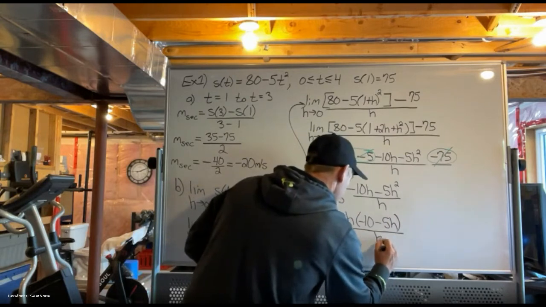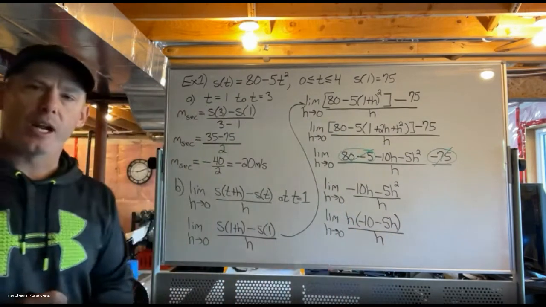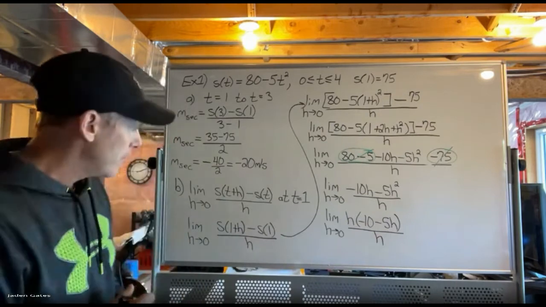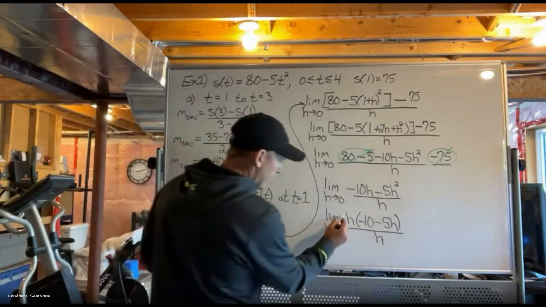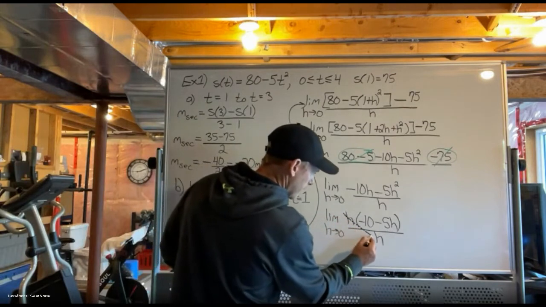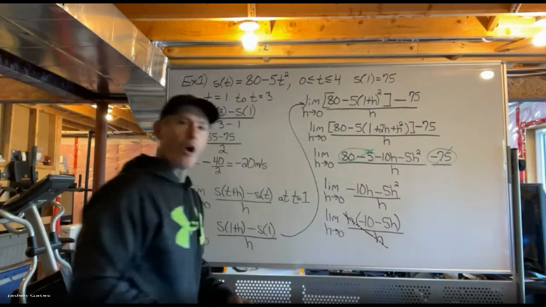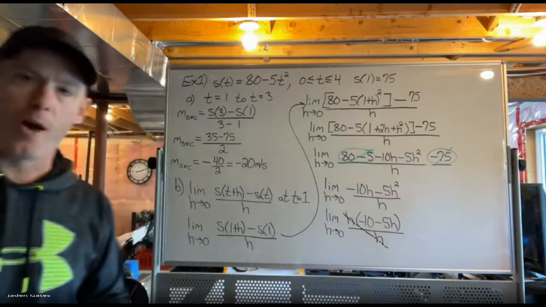Now, the reason that I factored out that h is that now I have an h in the top and an h in the bottom. They divide each other out. And now all of a sudden, I don't have that h in the denominator.